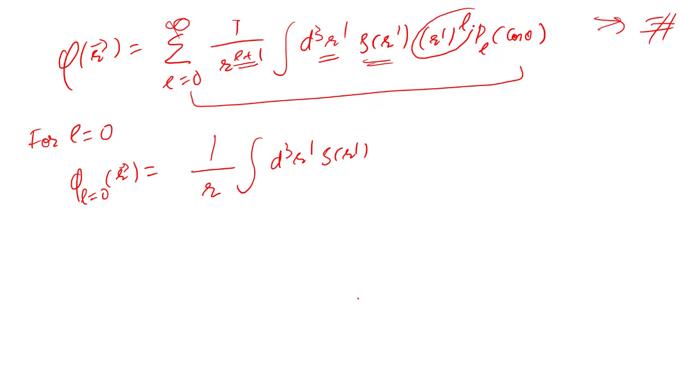L equal to 0 means this term is just simply 1, and P_0 of cosine theta is simply 1, right? So I have just this, because this is 1 and this is 1 for L equal to 0. And this is what, if you remember, we called the monopole term.